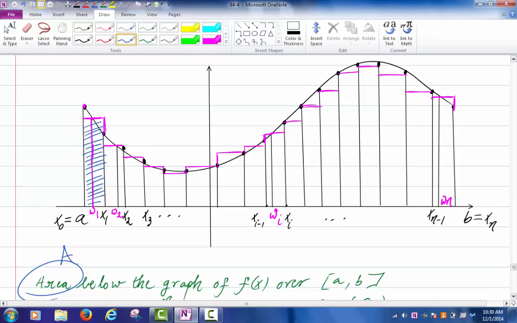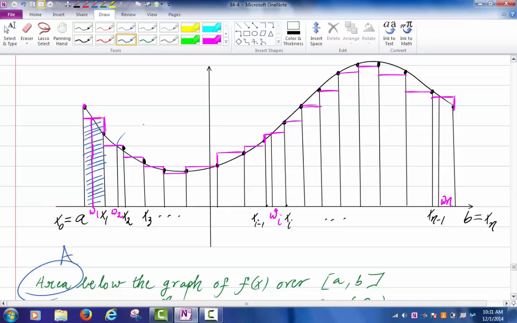So what am I getting? f of W2 is the height of the graph at W2, and then I am multiplying that by the width of the subinterval. So when you multiply the width with this height, you get the area of this rectangle.